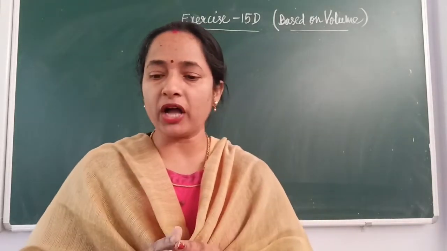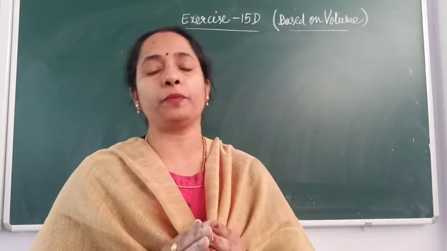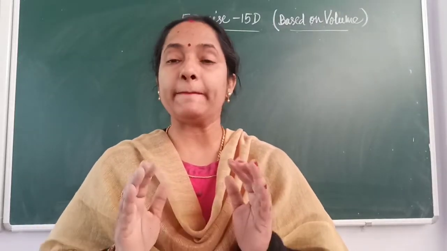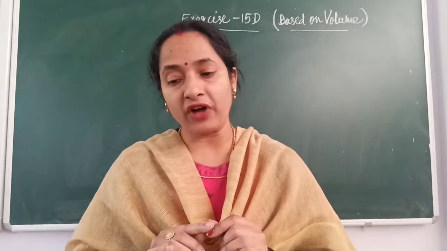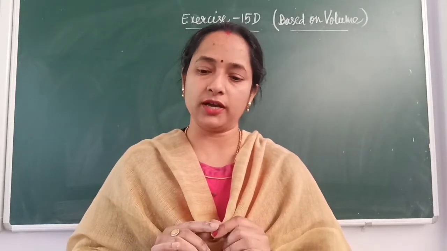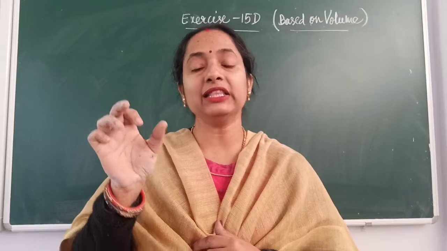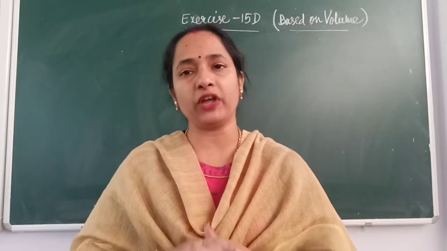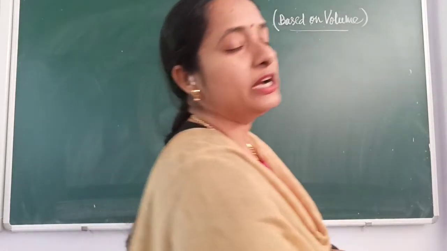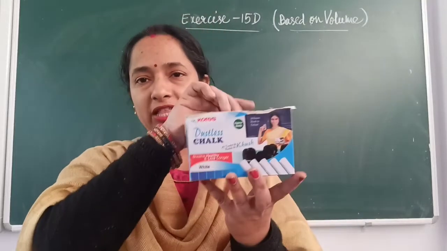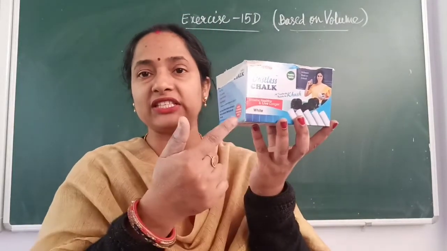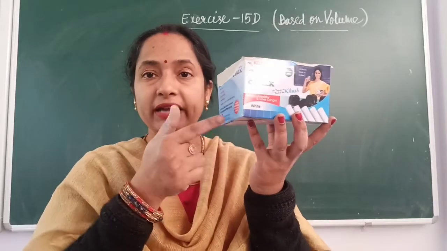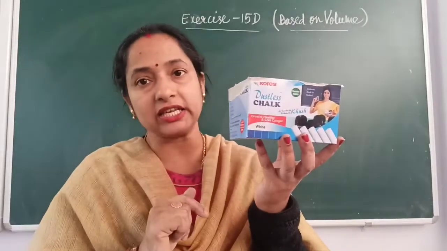The box measures 24.5 centimeter by 10 centimeter by 5.5 centimeter. This means the length, breadth and height of the box are given. So definitely the box will be in the shape of a cuboid.